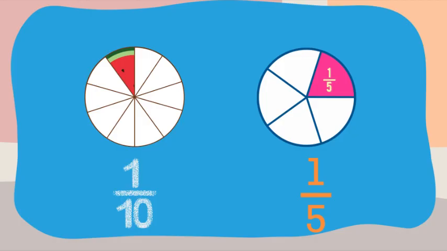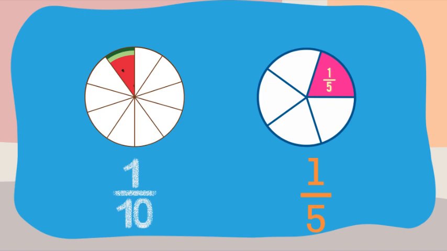Another example is 1/10, 10 parts, one shaded region, nine unshaded. We have 1/5, one shaded region, four unshaded, and it is in five parts.